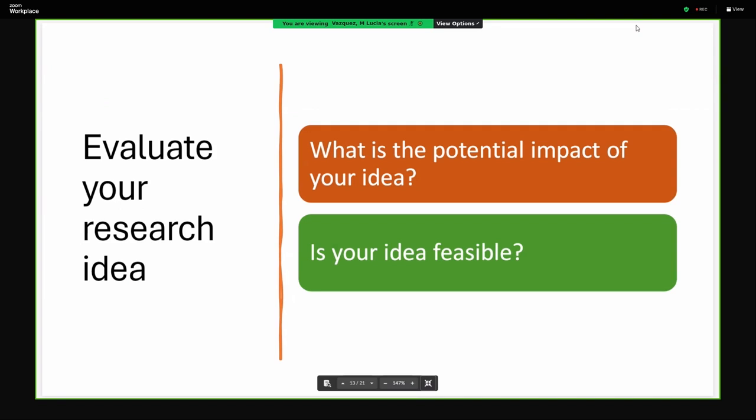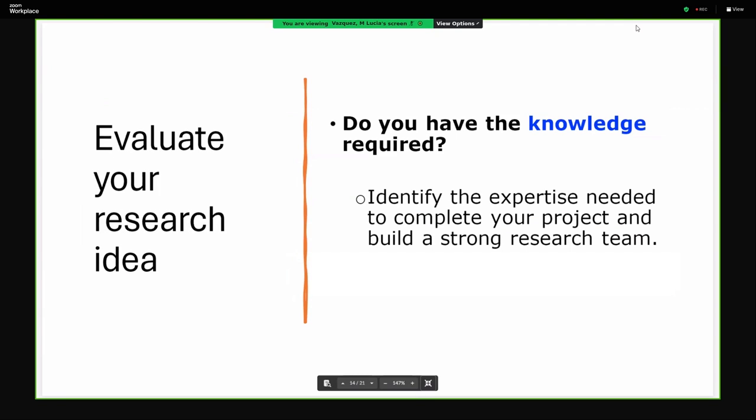And again, going back to, is your idea feasible? When we talk about feasibility, we need to talk about different dimensions. One of them is expertise. Do you have the expertise to complete your project? If not, for example, I'm not an expert in statistics, so I can incorporate into my team someone who is.